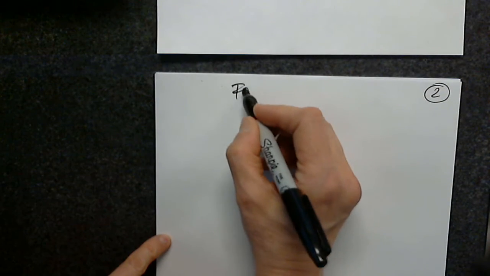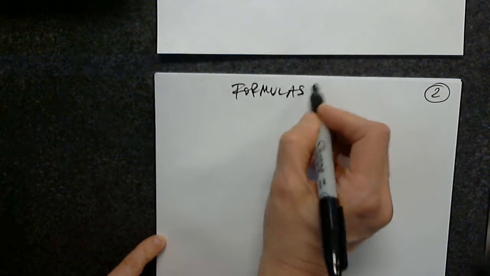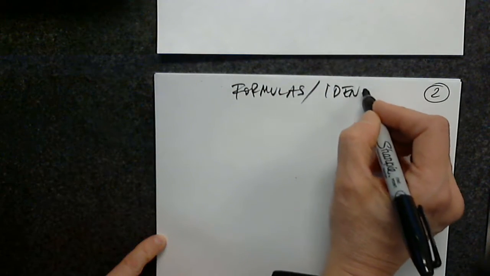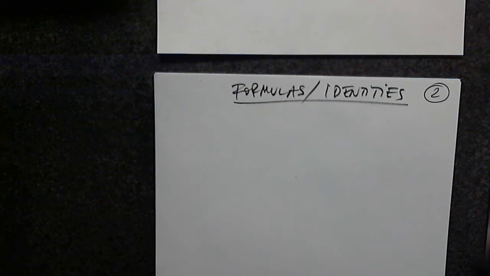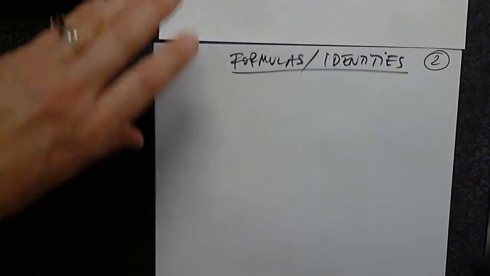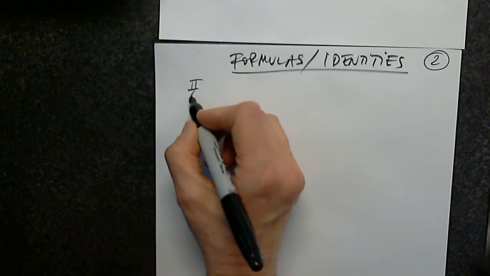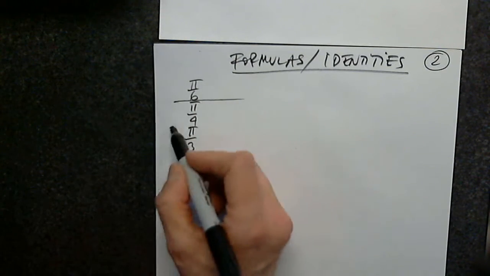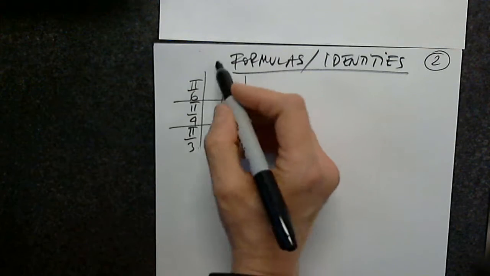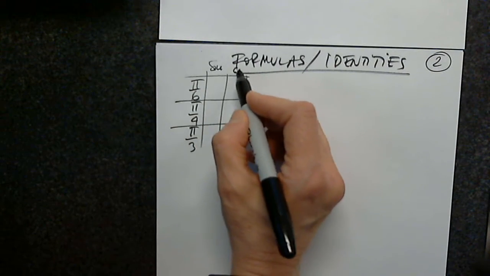So formulas, identities, whatever you want to call them. Here's the list. Sine, cosine.